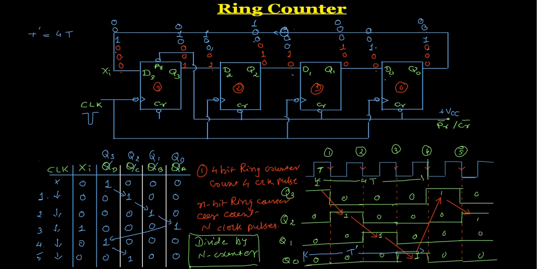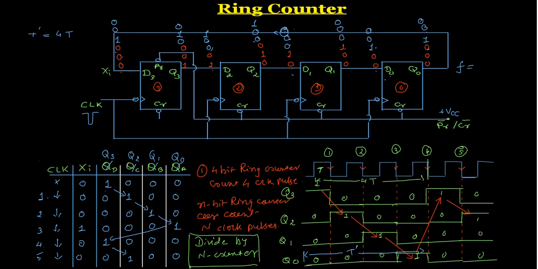Means the frequency at the output. Where is the output? Output is here. Whatever the frequency present at the output, that is the frequency f dash.